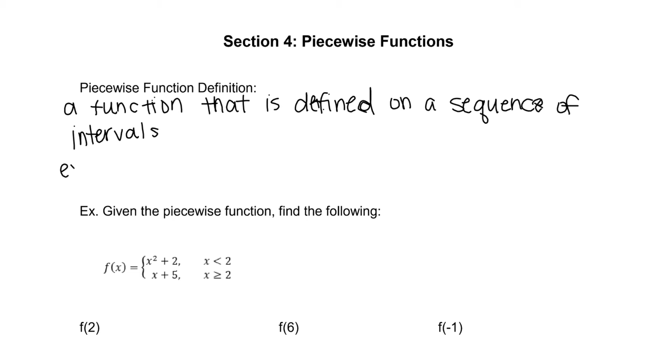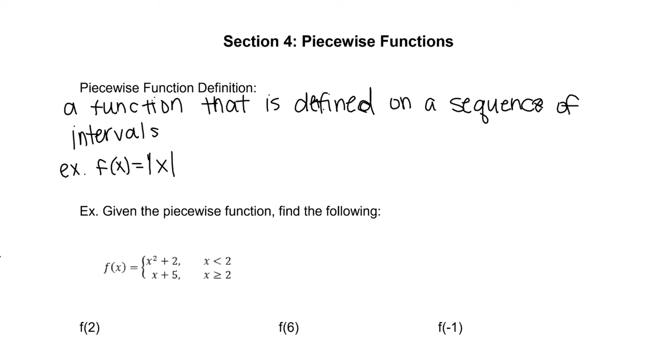So we know the absolute value function as f of x equals the absolute value of x. But we can also write it another way as a piecewise function.